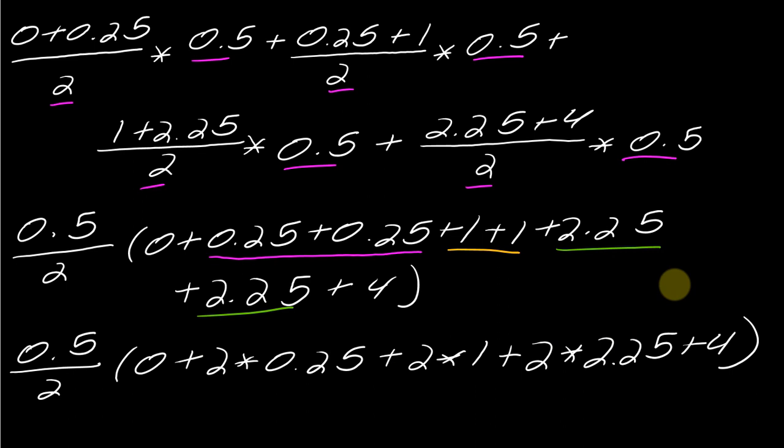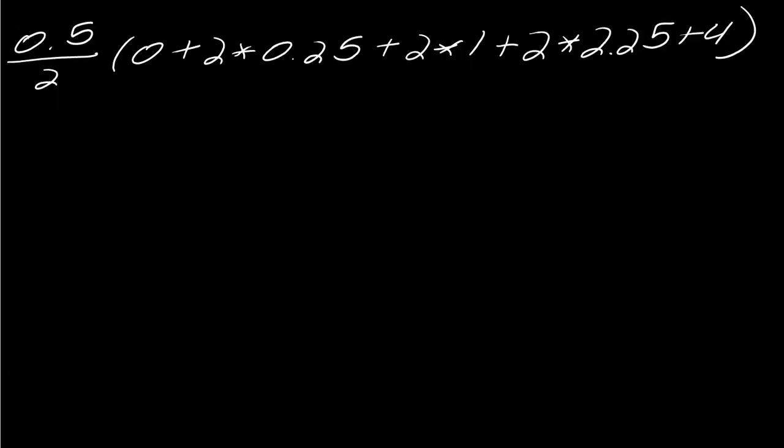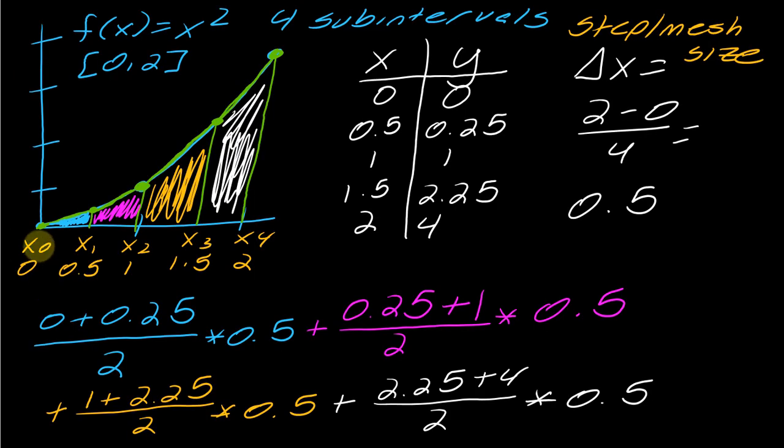Okay, so let me clear a little room because now I want to make an observation. So I had labeled these x points as x sub 0, x sub 1, x sub 2, x sub 3, x sub 4. So let's say then when I actually plug this into the function that these are the corresponding y points. So if I come over here just to label these, I'm going to call this one y sub 0, this one will be y sub 1, y sub 2, y sub 3, and y sub 4.